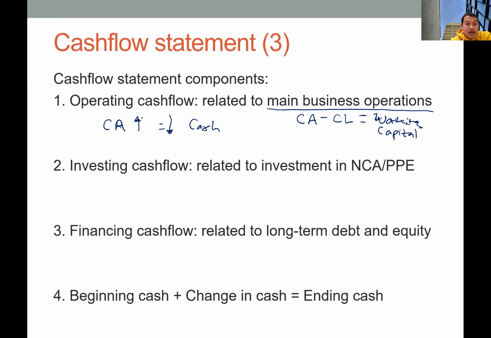Because the company used the cash or transformed the cash into other current assets. So more current assets means less cash. And if the current assets are decreasing, it means the company is transforming their current assets into cash, like collecting receivables or selling some inventories. So the cash will increase.